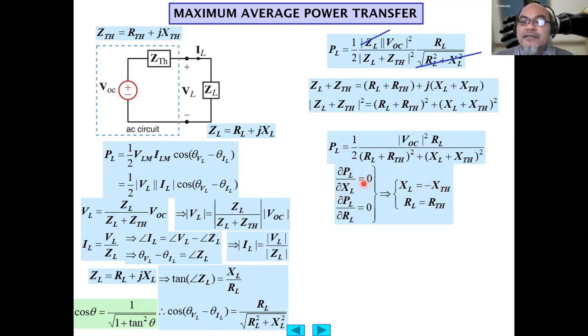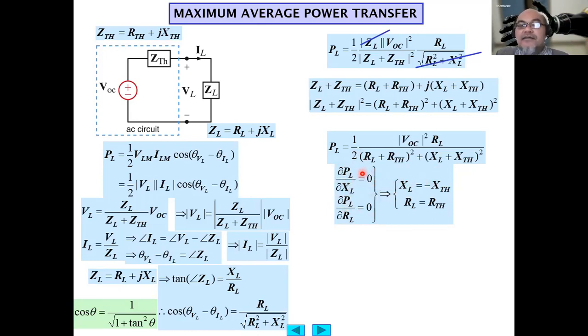This occurs when the power is at maximum, since from calculus, when a function is at its maximum, the gradient is 0. So dou PL over dou XL should equal 0, and dou PL over dou RL should equal 0. Dou here represents the partial derivative.